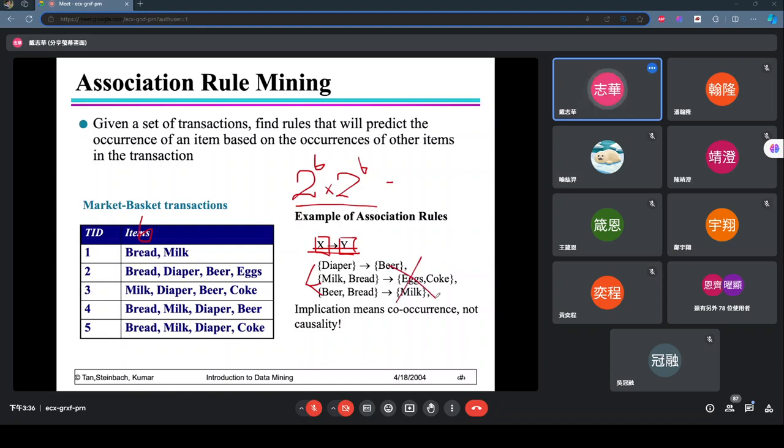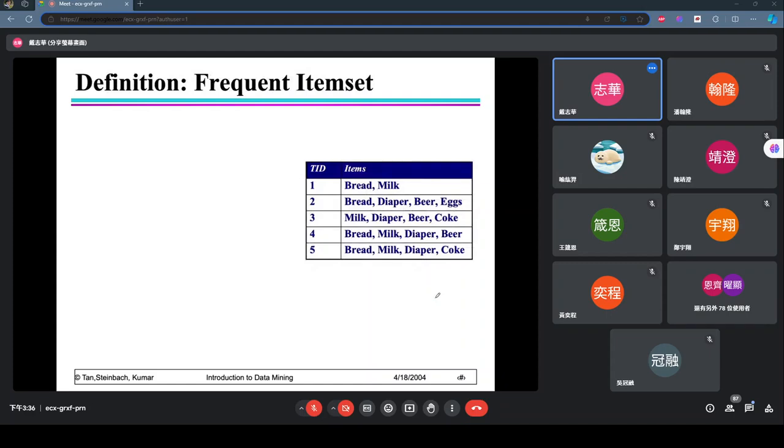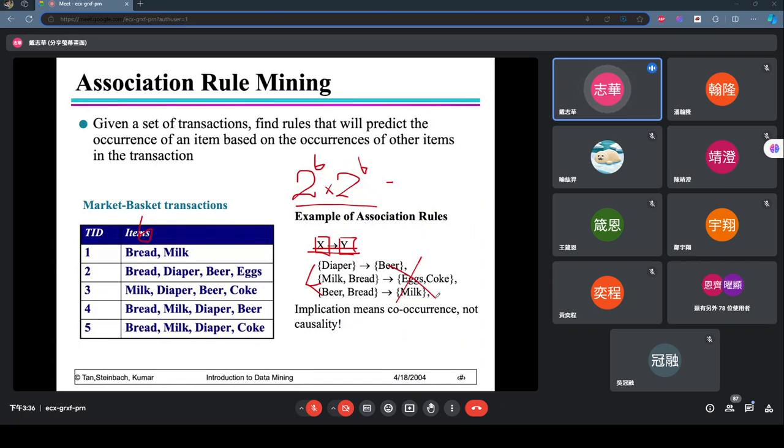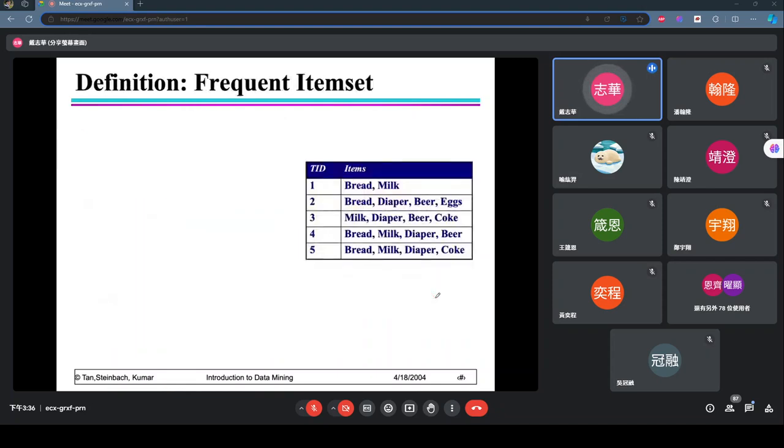So what can we do? In order to solve the problem and also to find meaningful rules, we give more constraints on this problem. The first thing is we introduce the concept of frequent.